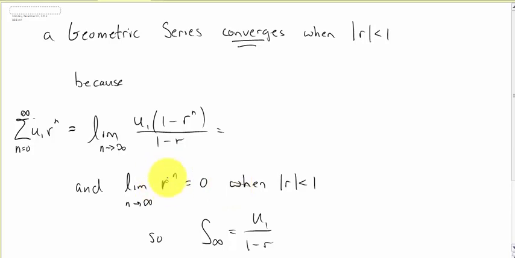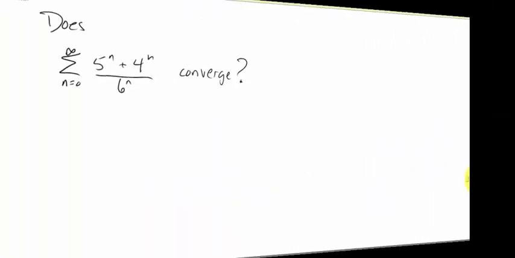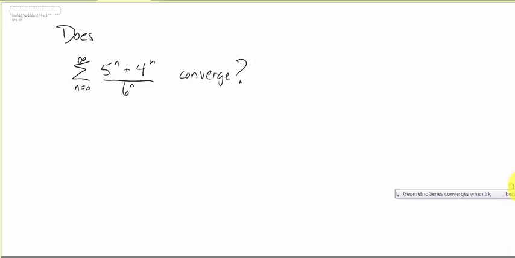These terms will get smaller and smaller and smaller. So taking the limit of this becomes u1 times 1 minus 0 over 1 minus r, giving us this sum formula. So my question for you today is, does this converge? We could start to evaluate this.